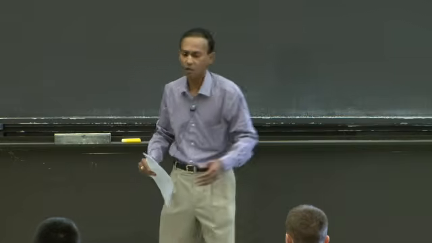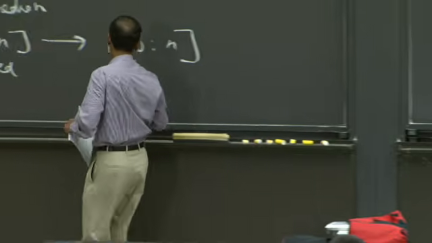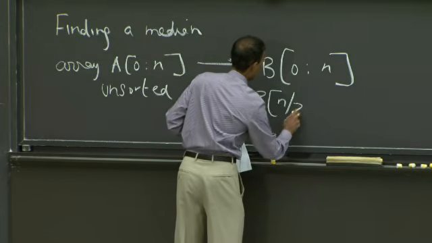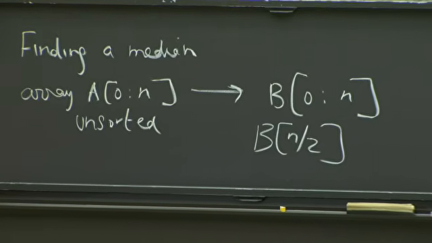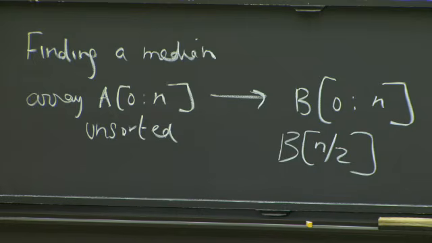And it's easy because all you have to do is look at, depending on whether n is odd or even, B[n/2]. That would give you the median, because you'd have a bunch of numbers that are less than that, and an equal set of numbers that are greater than that, which is the definition of median. All right? So this is not necessarily the best way, as you pointed out, of finding the median, but it's constant time if you have a sorted list. That's the point I wanted to make.